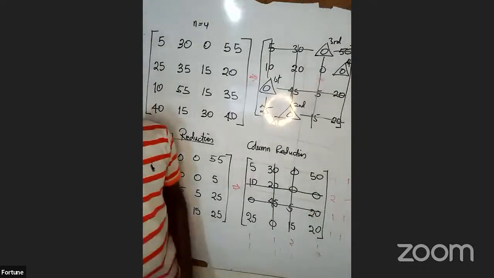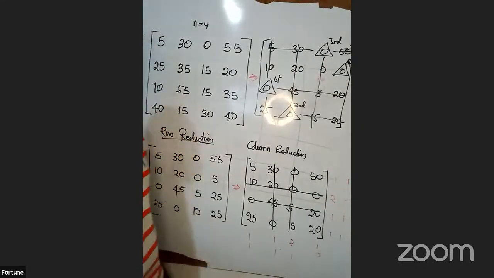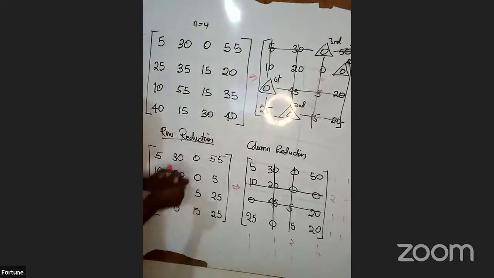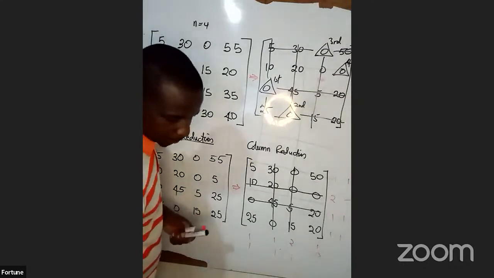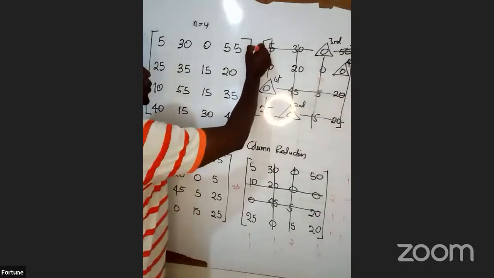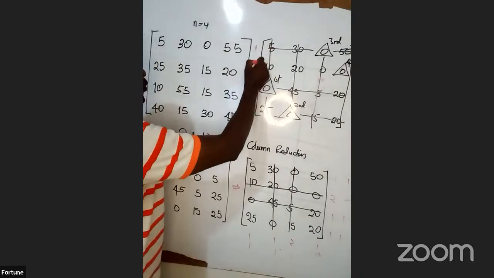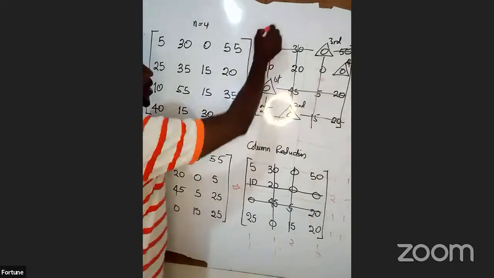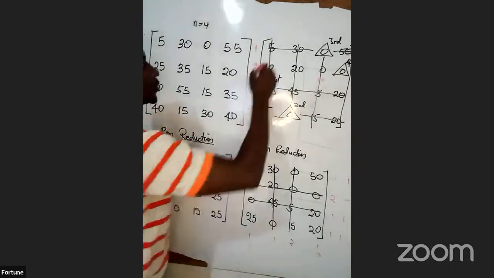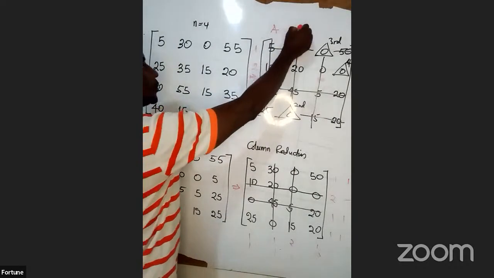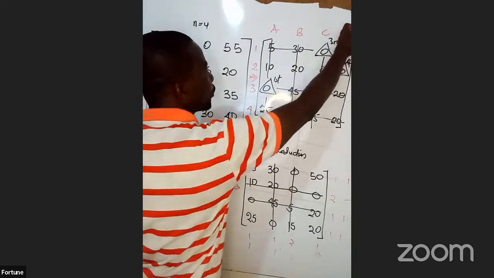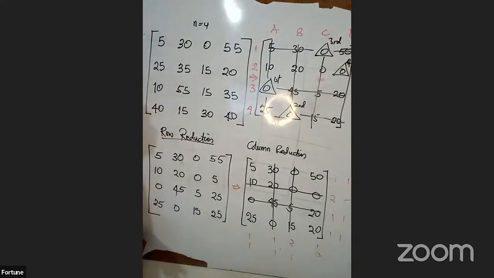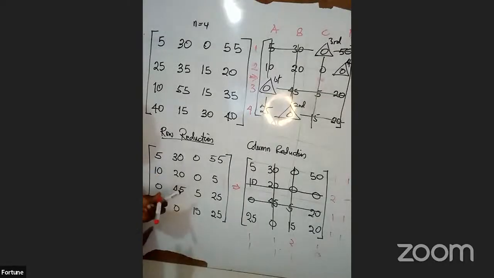So what is our best assignment of distributors? Remember we had distributor 1, distributor 2, the third distributor, the fourth distributor, and product A, product B, product C, and product D. So how are we supposed to distribute?